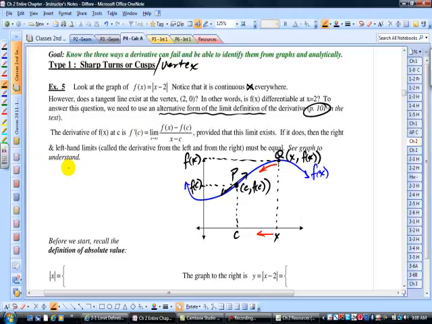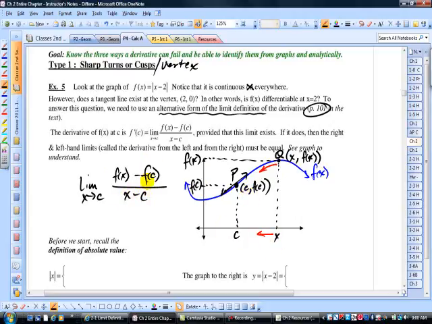So in this case, I need to take a limit as x approaches c of the slope of the secant line. And what's the slope of the secant line? Well, it's the difference of the y values, f of x minus f of c, all divided by the difference of x values, and that's going to be x minus c, or the distance between x and c.